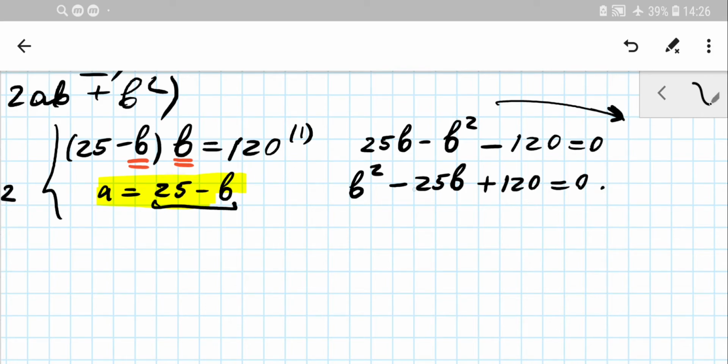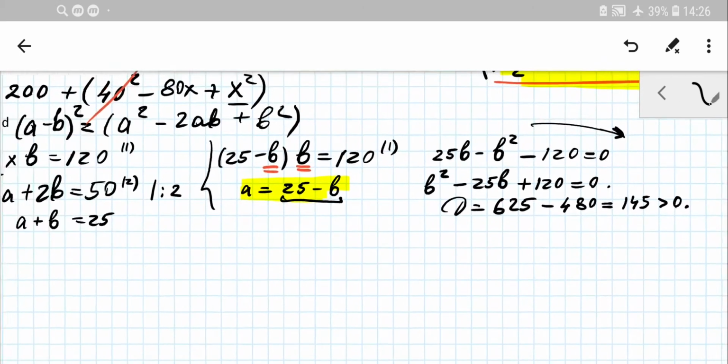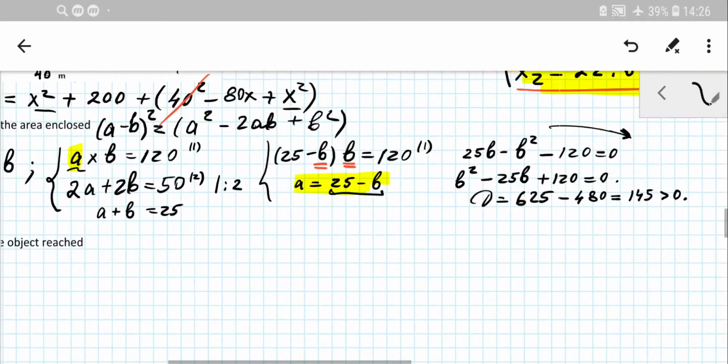So I use the discriminant. The discriminant is 25 squared, which is 625, minus 4 times 120, which is 480. So 625 minus 480 is 145. It's more than 0, so we are going to have solutions in this problem.